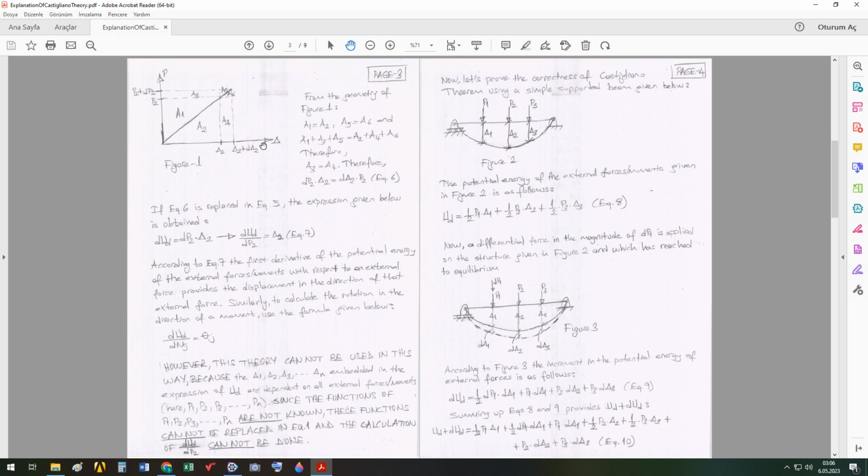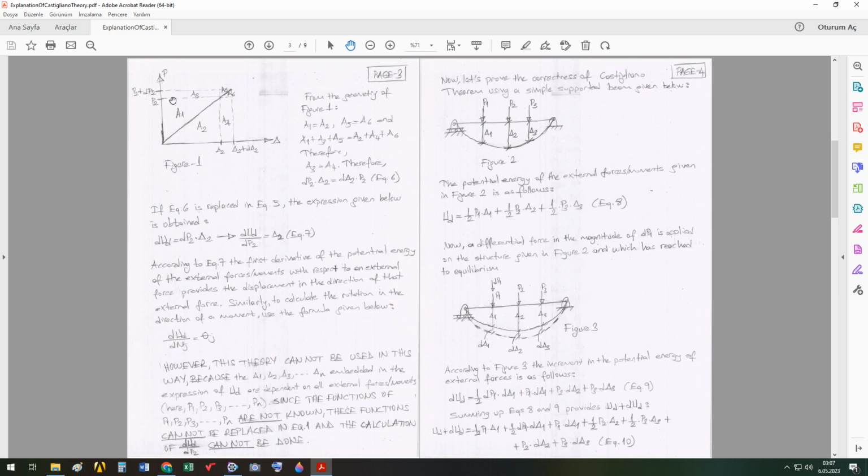Now, if I divide the area here into sub-areas and refer to them as A1, A2, A3, A4, A5, A6. From the geometry of the figure, we can see that A3 equals A4. Okay, from here you can understand it. A3 is a rectangular area, dP2 times delta 2.